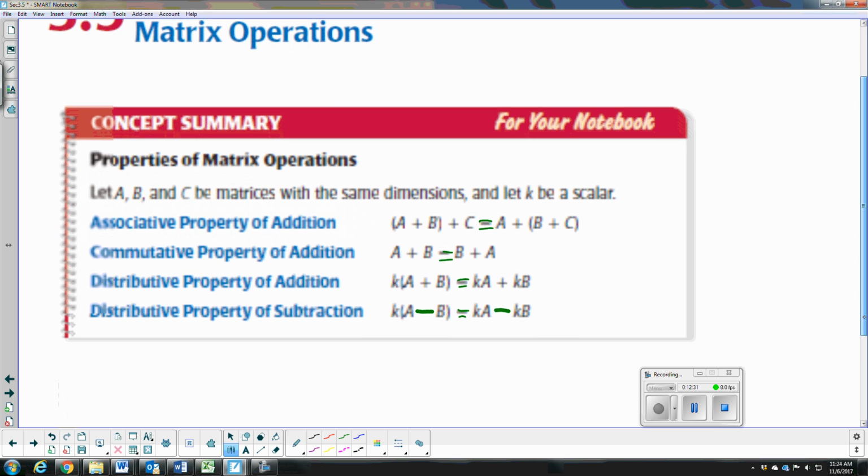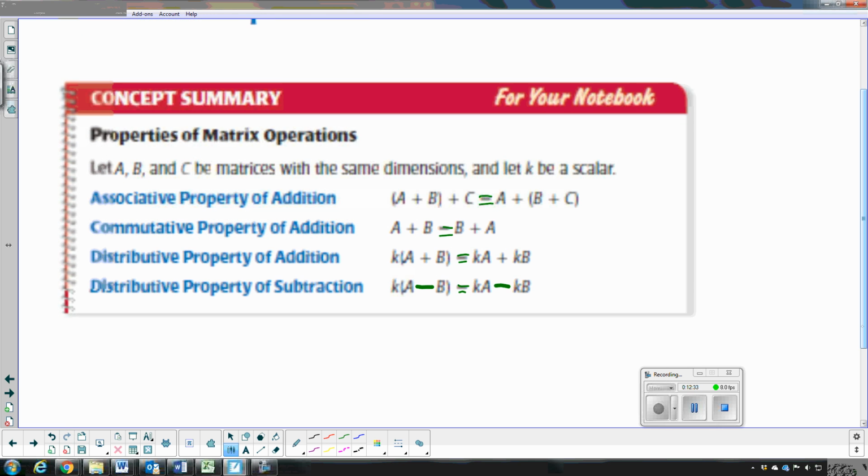On your note sheet, just make sure that you can see what these properties should look like with matrices. So they're the same ideas as with real numbers. So the associative property of addition, I just am a little worried because sometimes it prints out weird on your note sheet, but it should say the group A plus B plus C equals A plus the group B plus C. That's the associative property.